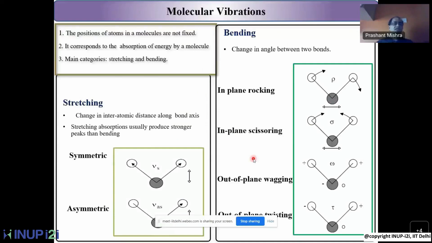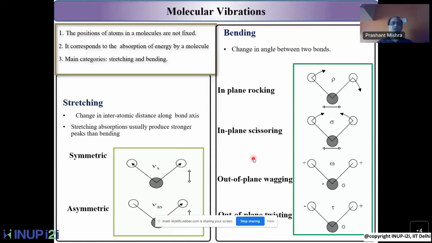Now, this is an example which shows how the molecular vibration or bending is occurring. Here you have mainly two phenomena occurring. One is stretching, which could be symmetric or asymmetric stretching, or it could be bending. Here you can have different ways in which the molecular vibrations are happening.